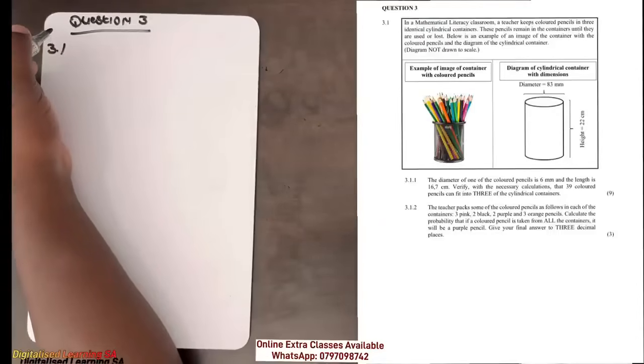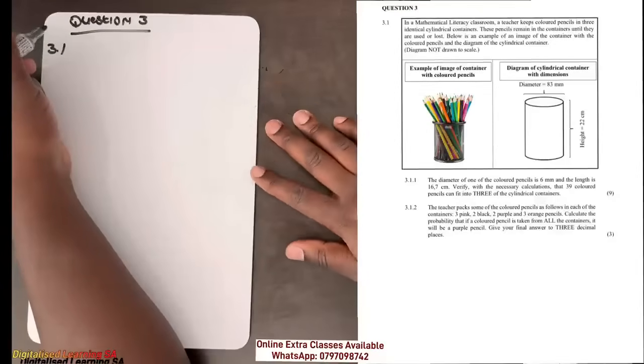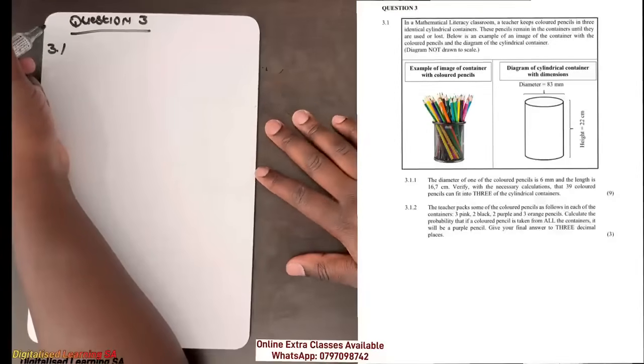So we are told that in a mathematical literacy classroom, a teacher keeps colored pencils in 3 identical cylindrical containers. These pencils remain in the containers until they are used or lost.